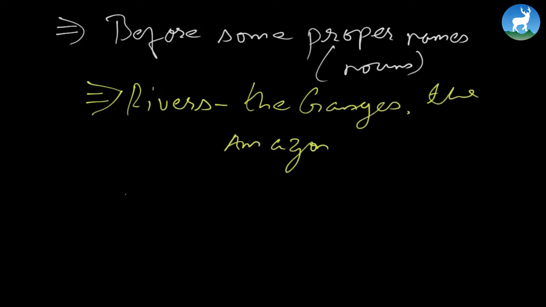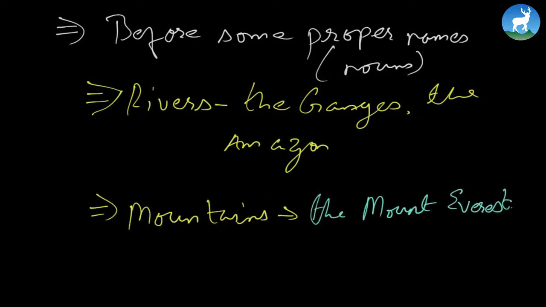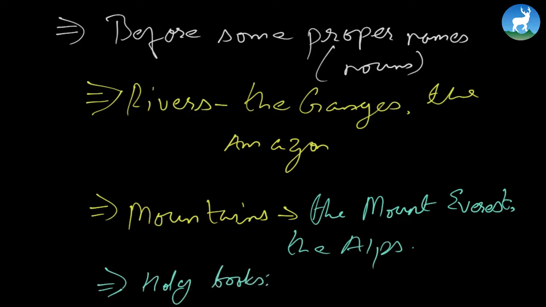If you talk about mountains, the Mount Everest, or it could be the Alps. Any proper nouns. For instance, let's talk about holy books. We will have the Gita, or we'll have the Quran. So before some proper nouns.